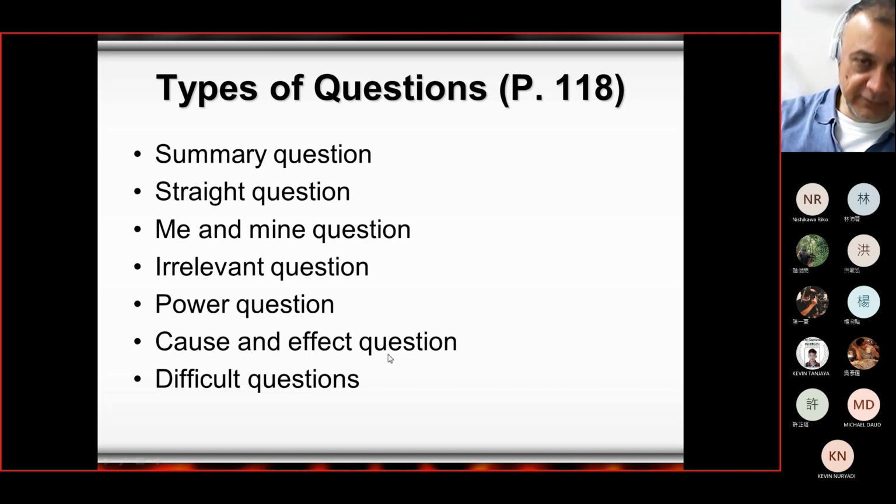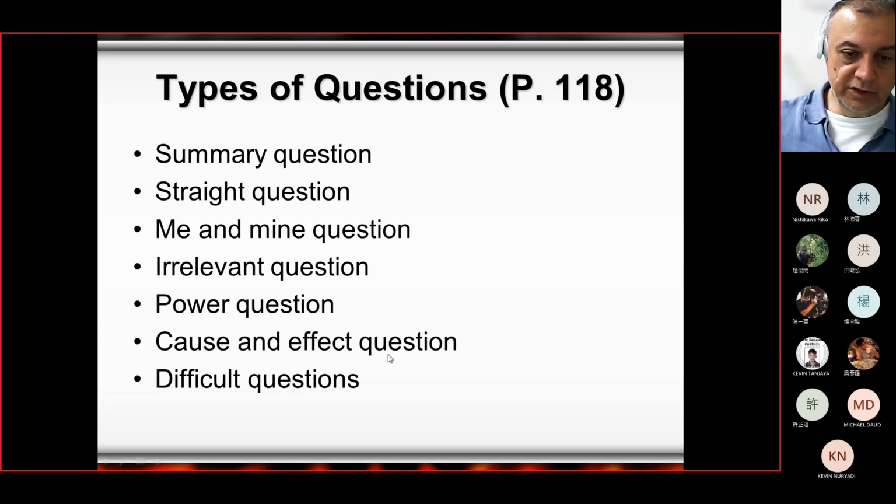There could be some irrelevant questions. People didn't listen, or people didn't understand, and that irrelevant question can happen even from your professors, because they didn't read your paper or didn't listen carefully. All right, the power question is the same thing. The audience is just trying to get the power of your good presentation for themselves.